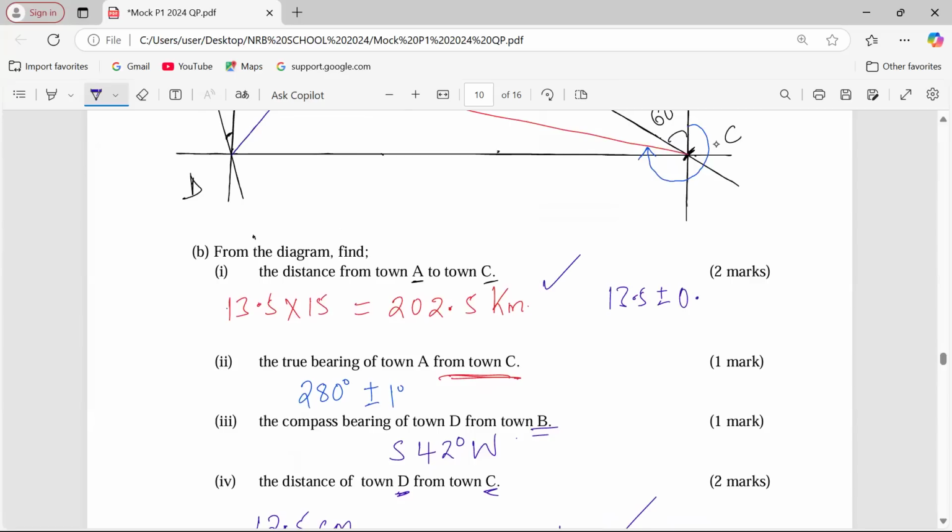Now, this will vary with an accuracy of plus or minus 0.1 centimeters. Depending on what you are converting using the scale, the accurate answer in the actual distance will also vary.